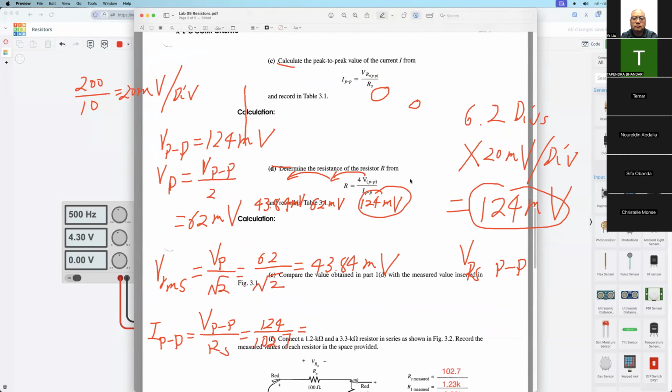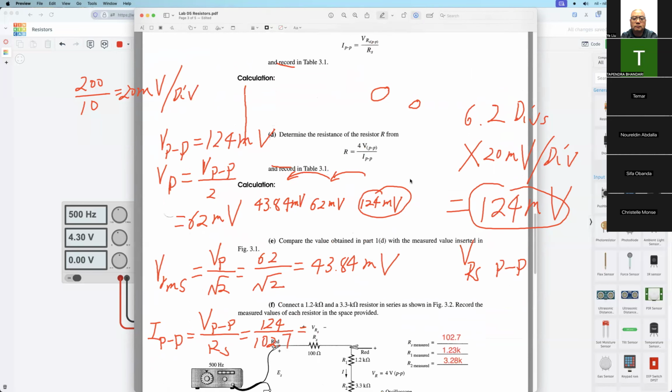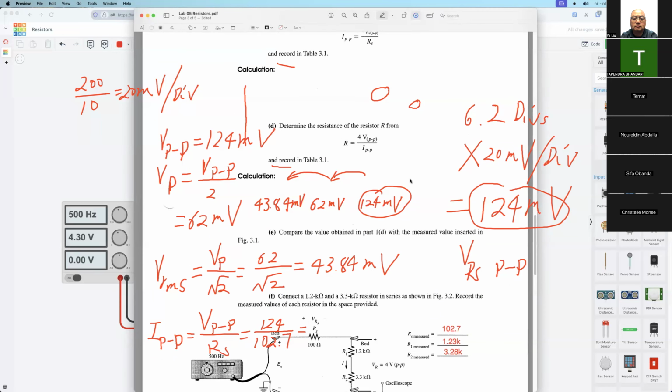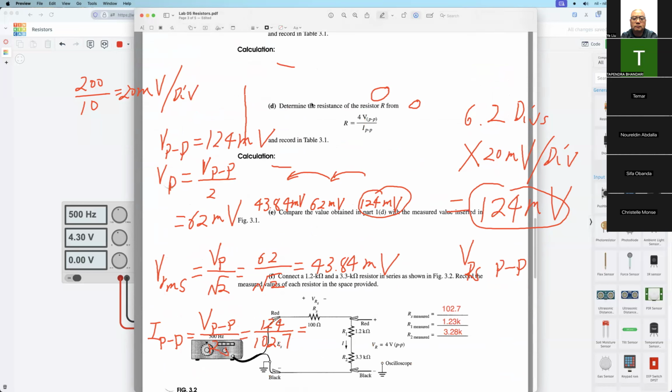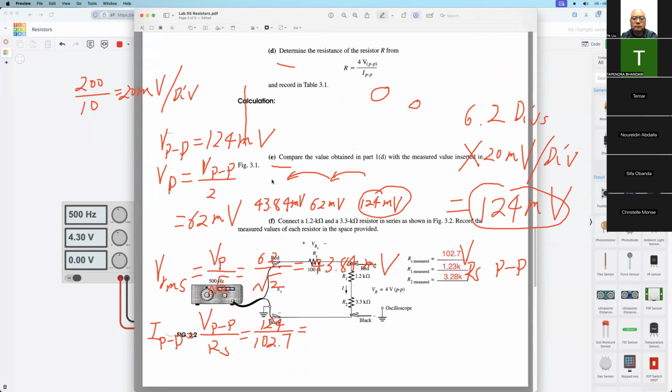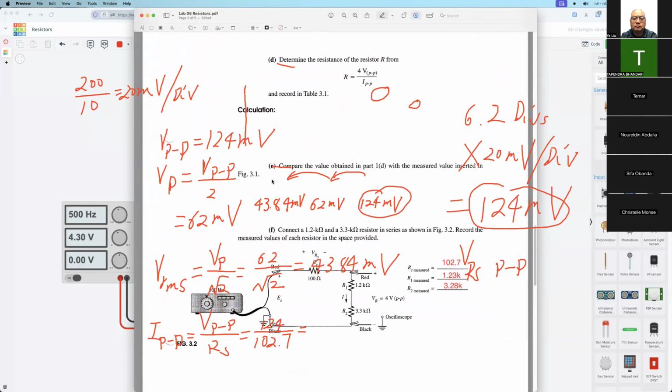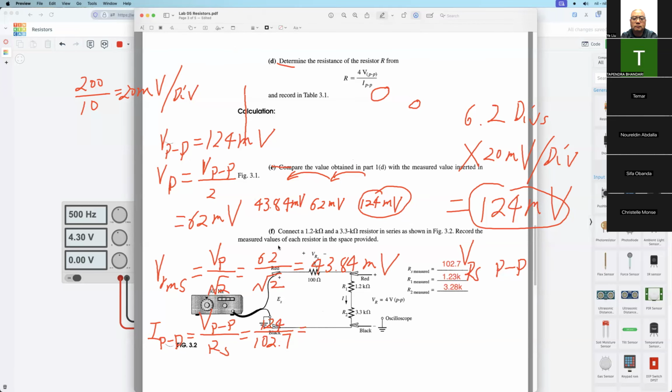If not close, double check your measurement and also your calculation. Okay, so this is this one. Then after finishing the first circuit, you need to add one more. Okay, let me erase everything.